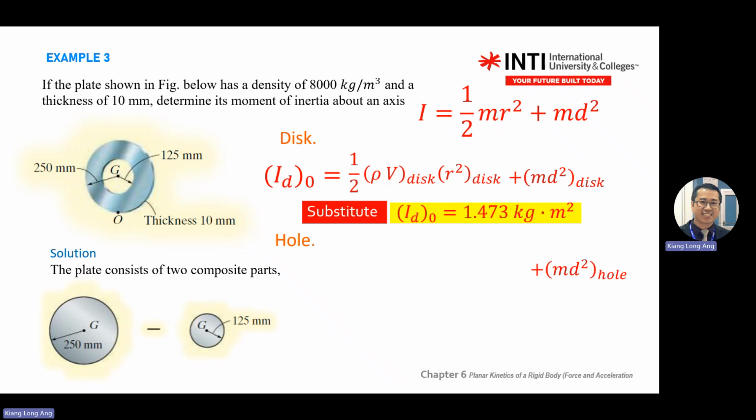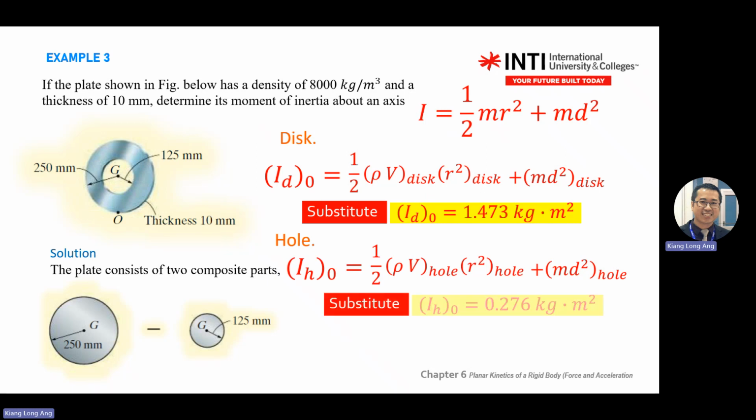This one we don't have d. So you substitute the values, you get this one. Second one also the same. I name it as hole. You do the same also. You'll get this one. Again, the D is 0. So in your solution, you just use an arrow, then write 0. There's no D there.